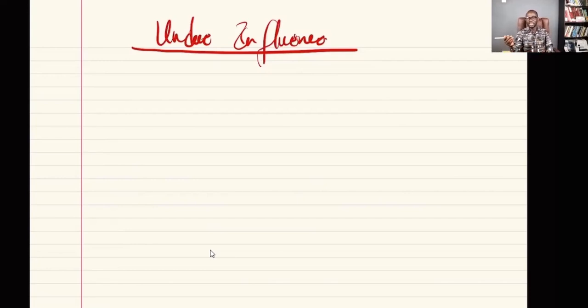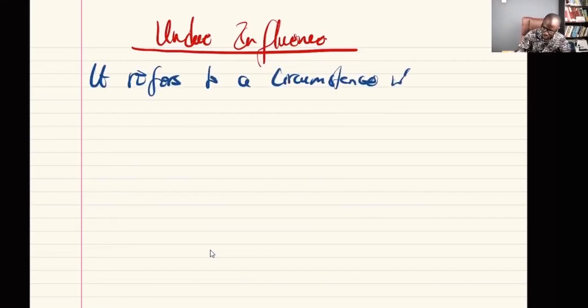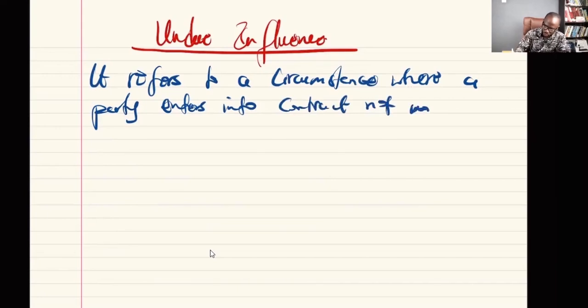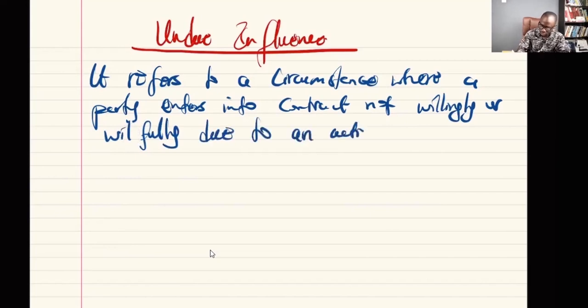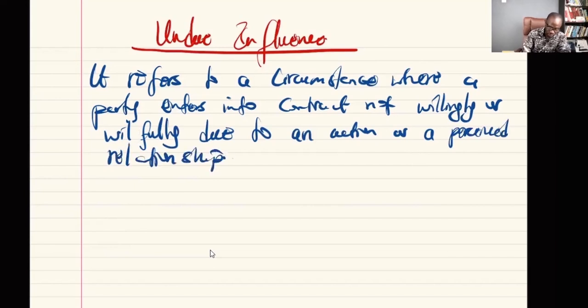So you realize that I am entering into contracts without any direct force, without any direct relationship. That is the concept of undue influence. It refers to a circumstance where a party enters into a contract not willingly or willfully, due to an action or a perceived relationship.